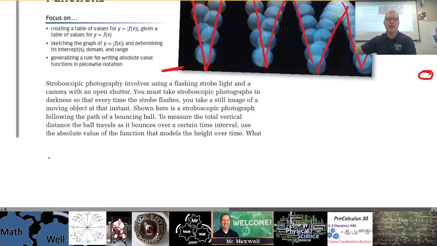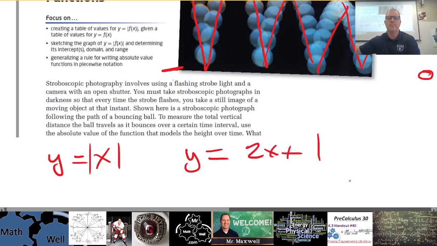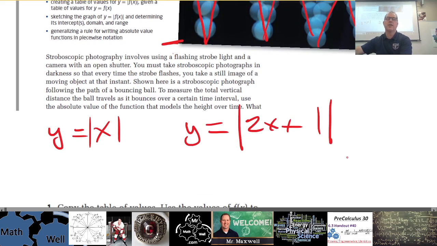So if we have something like y equals x, that's a regular old function. An absolute value function would be y equals absolute value of x. Or if we had a straight line, 2x plus 1, the absolute value function related to this would be absolute value of 2x plus 1. And there would be variances as we move through math.